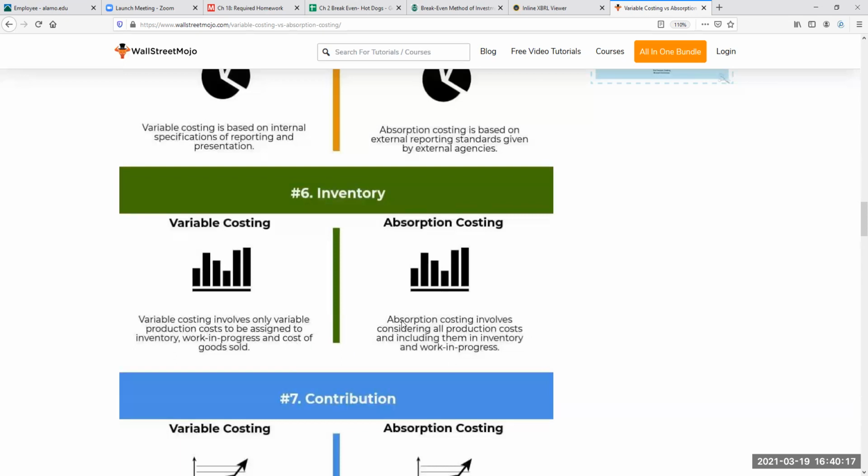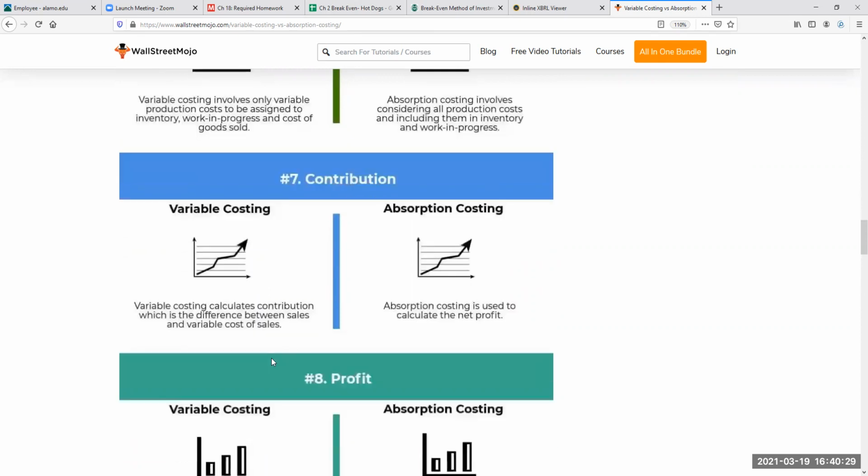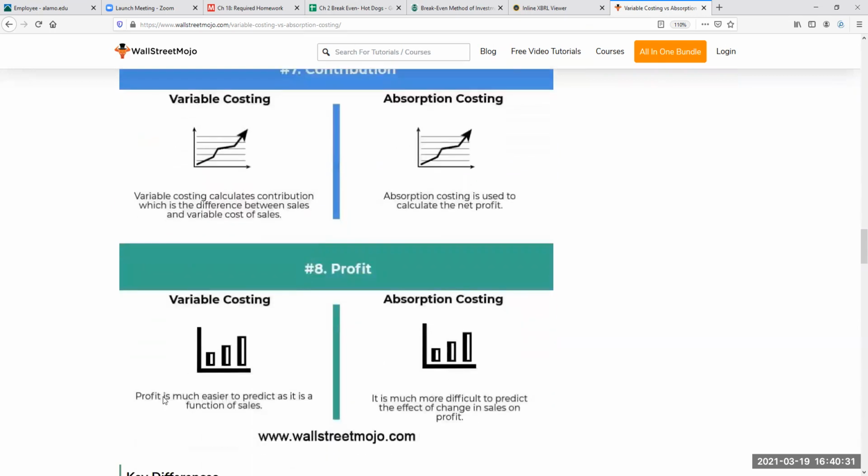Absorption costing absorbs all production costs and includes them in inventory and work in progress. It's used to calculate the net profit, but variable costing calculates the contribution, which is the difference between the sales and the variable cost. And lastly, profit is much easier to predict as a function of sales and variable costs. Absorption is much more difficult to predict. All right, so we'll stop here with this one, and hope this helped you with Chapter 18.